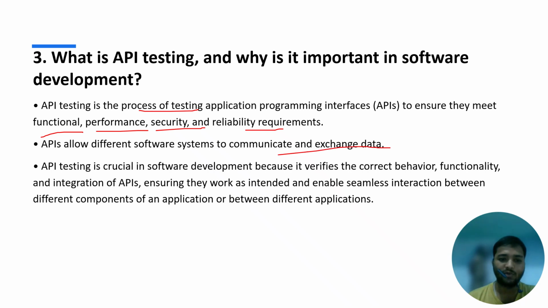API testing is crucial in software development because it verifies the correct behavior, functionality, and integration of APIs. It ensures they work as intended and enables seamless interaction between the different components of an application or between different applications.